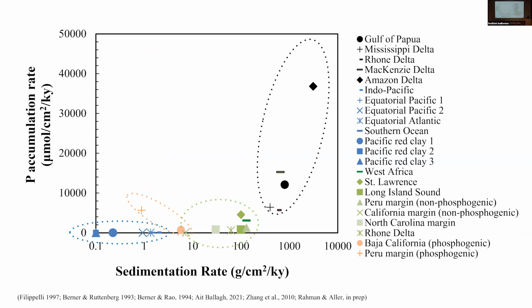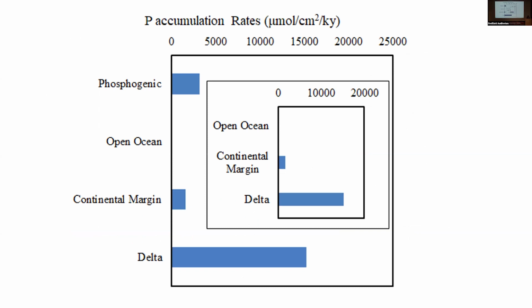And if you look at accumulation rate versus sedimentation rate, which should be related because you're multiplying P content by your sedimentation rate, I just want you to see how they fall out and how much higher you should expect your phosphorus burial in deltas to be. So when you average these out, this is another way of looking at it, you can get up to 15 micromoles per square centimeter per kiloyear of phosphorus burial in deltas.